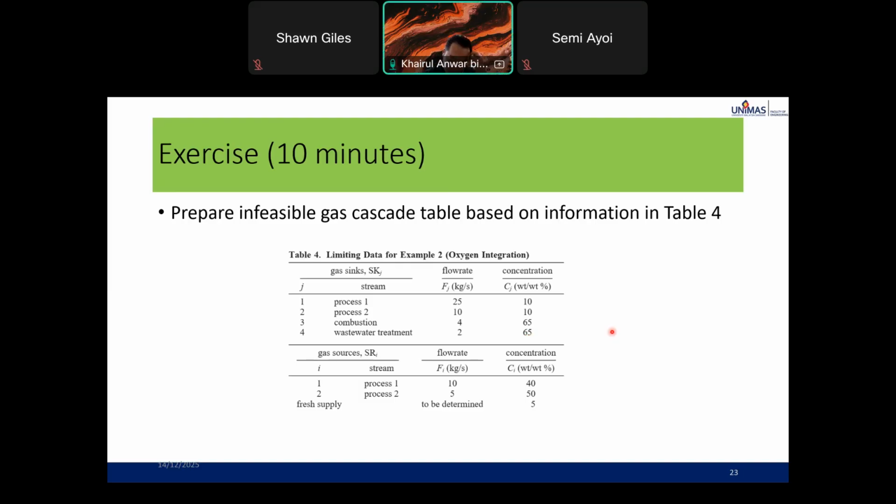So first thing you need to do is construct the gas cascade table. The first column in your gas cascade table is the level. So in this case, how many levels?